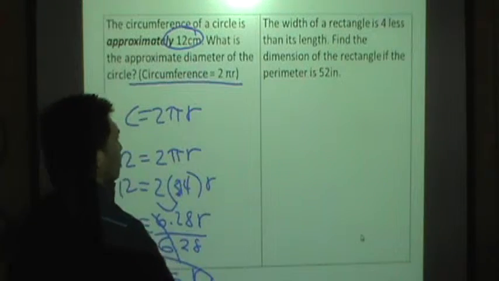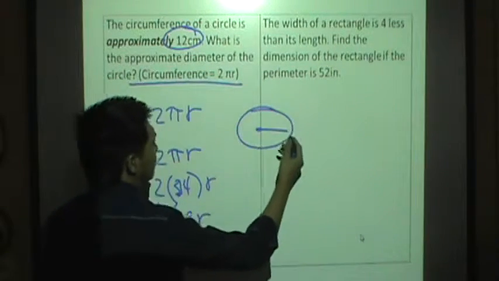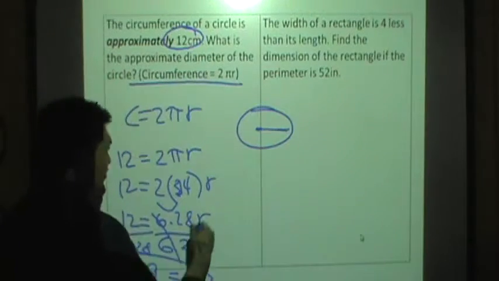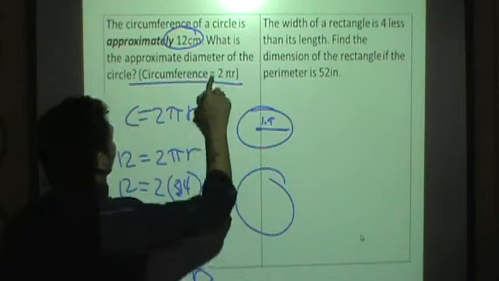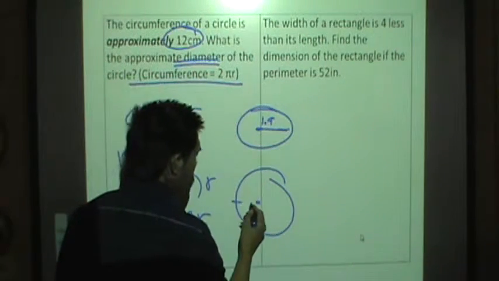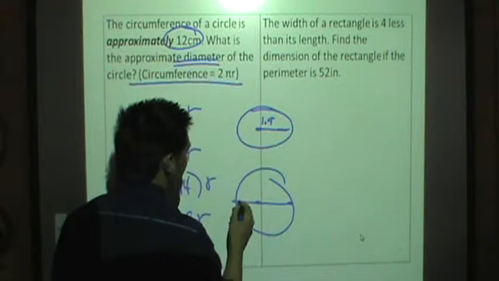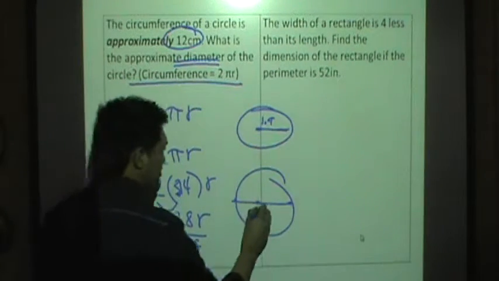Now you have to remember, if you have a circle, that is going to be your radius. The answer here, 1.9, is the radius. But again, we're solving for the diameter, which is a line that connects 2 points on the circle passing through the center.